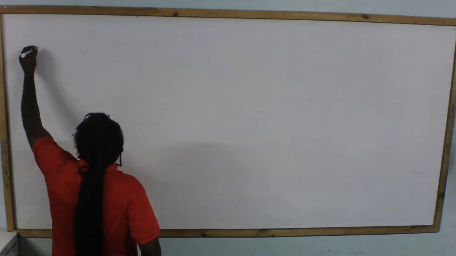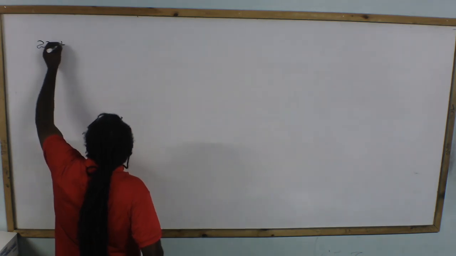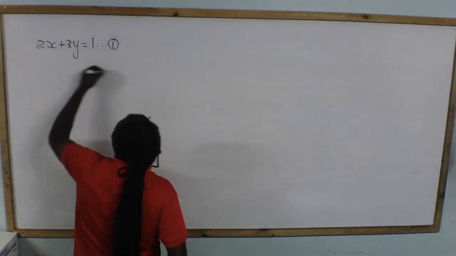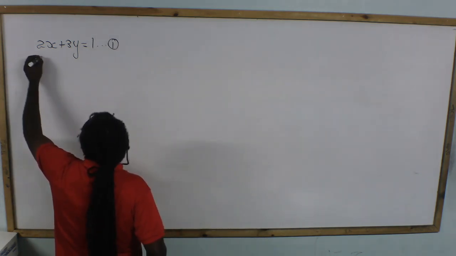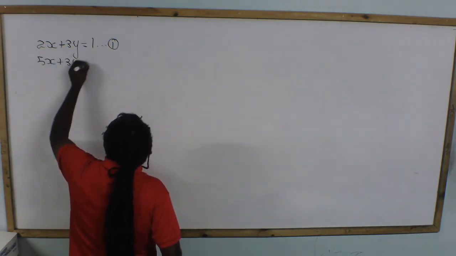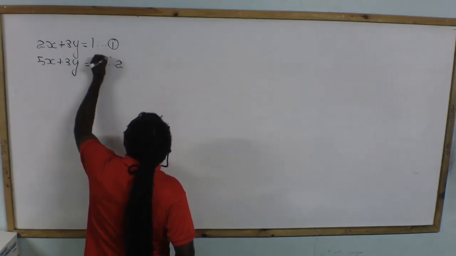So let me have number 7. And equation 2, x plus 3y equals 16.